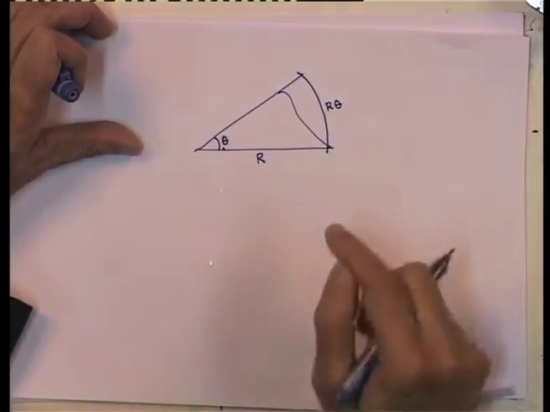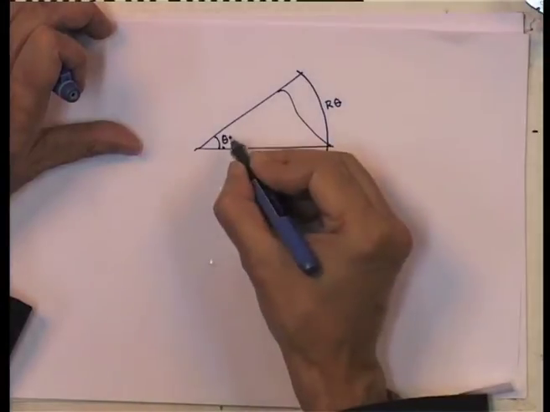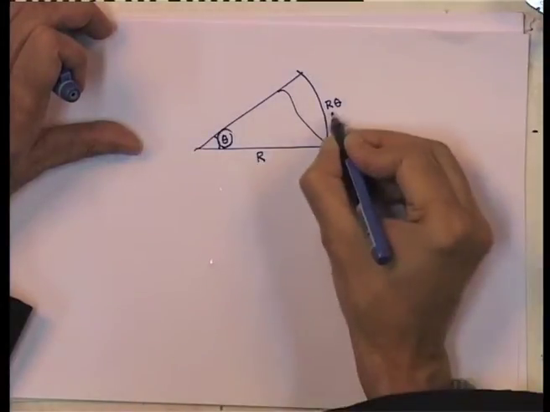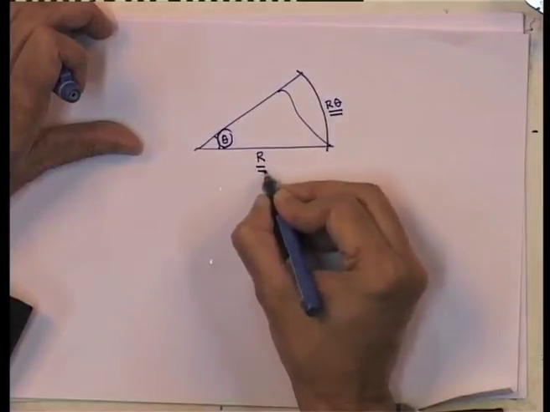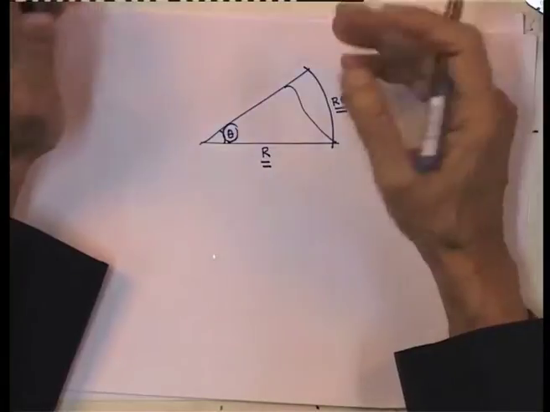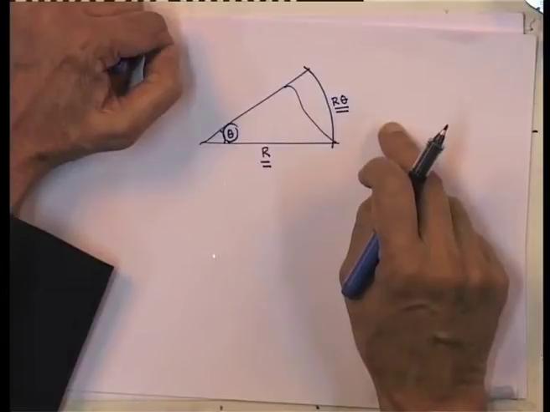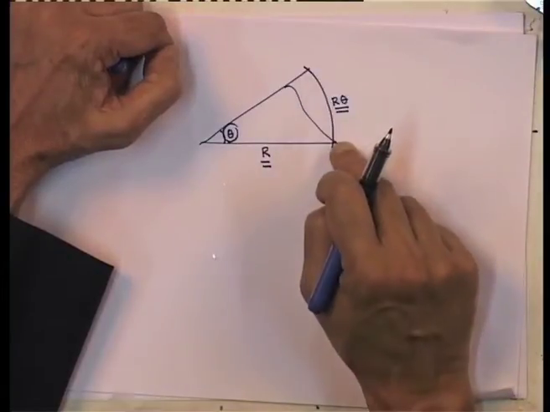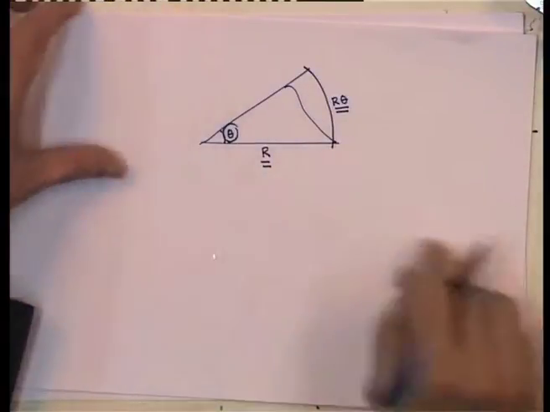Recall that in spite of the fact that an angle, being the ratio r theta by r, is dimensionless, we still conventionally measure it using a unit called degrees or radians. So, this angle theta in radians is given by the length of the arc divided by the radius.